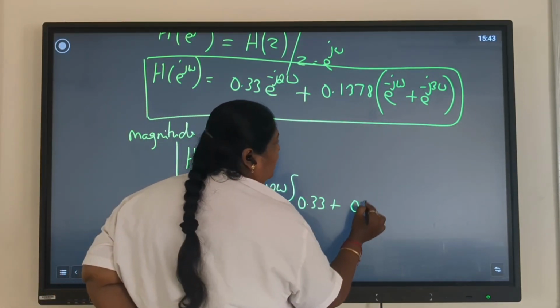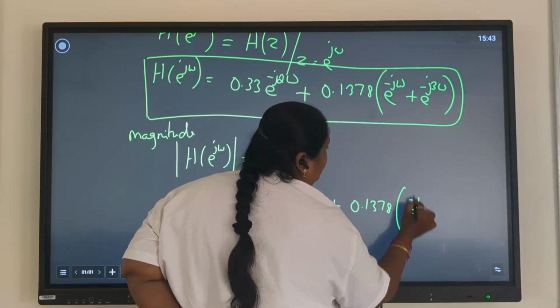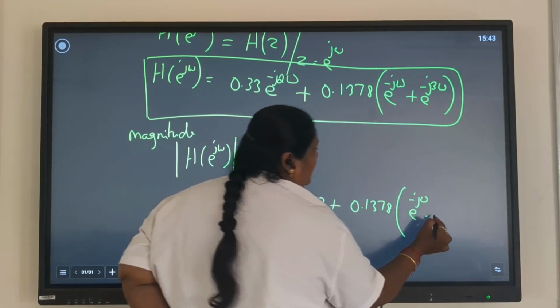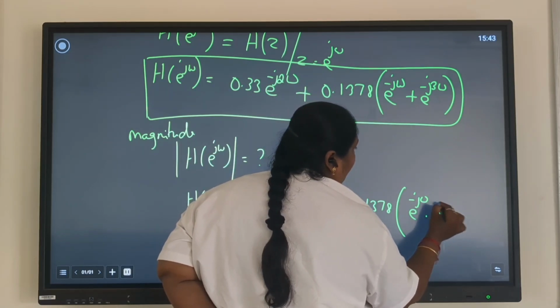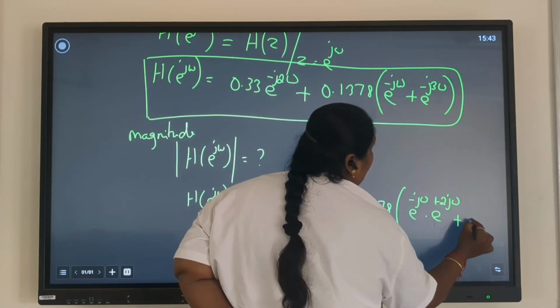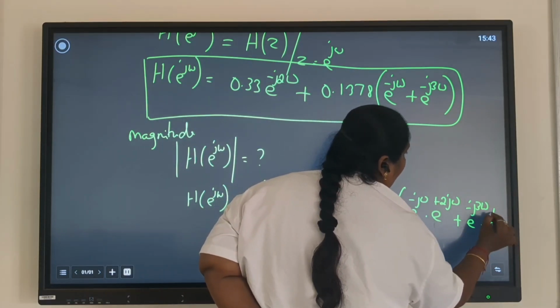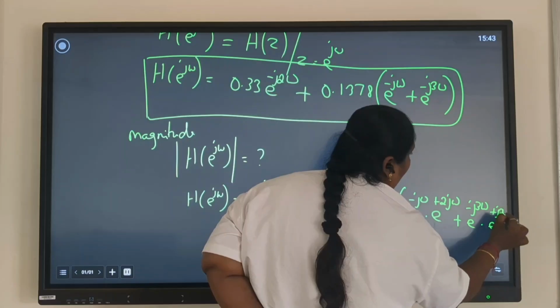So 0.1378 times e power minus j omega into e power plus j 2 omega, plus e power minus j 3 omega into e power plus j 2 omega.